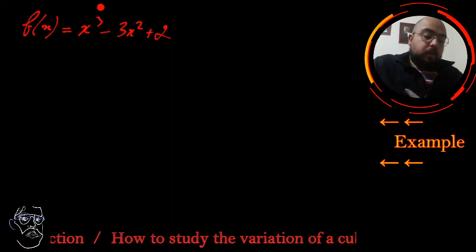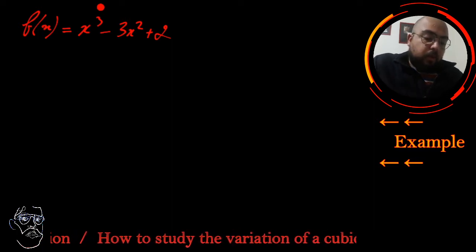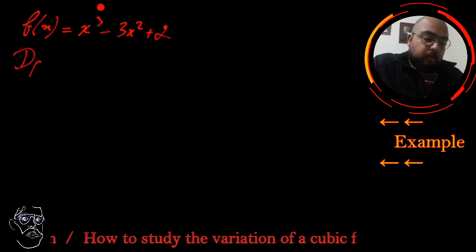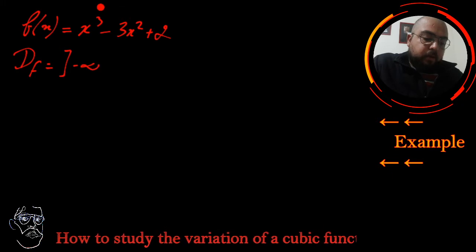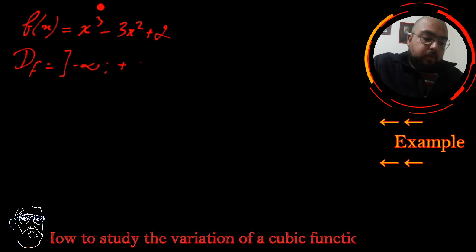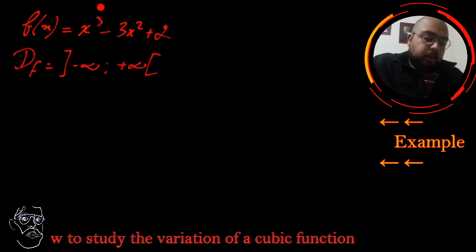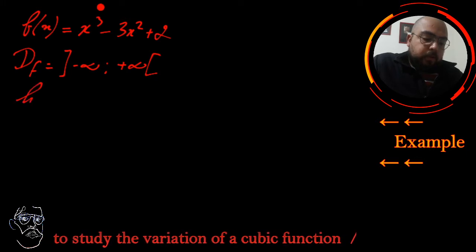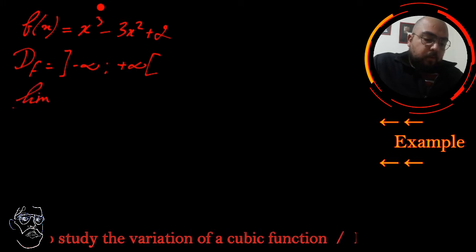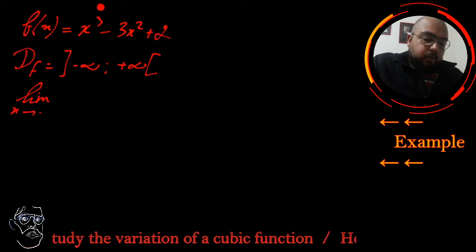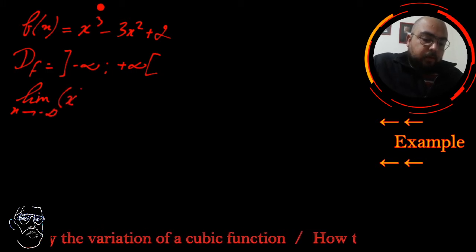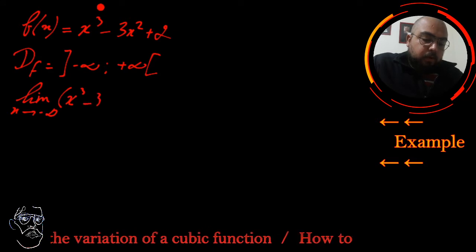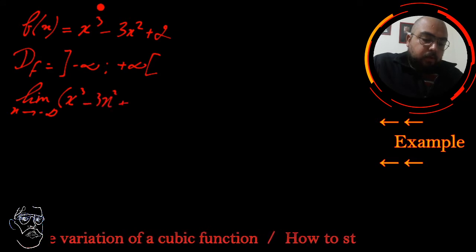We're going to start with the first step, which is to talk about the domain of definition of f. Since it's a polynomial, you will have f defined from minus infinity to plus infinity. The next one is to study the limit of x going towards minus infinity of the polynomial x cubed minus 3x squared plus 2.